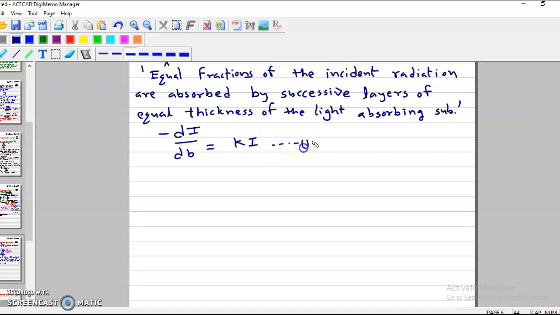This is known as equation 1, where I is the intensity of light and b is equal to the thickness of the absorbing substance. So the substance can be solid, transparent, or it can be a solution.